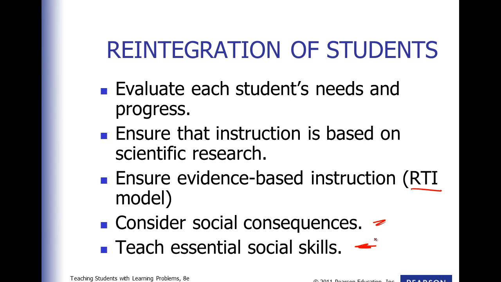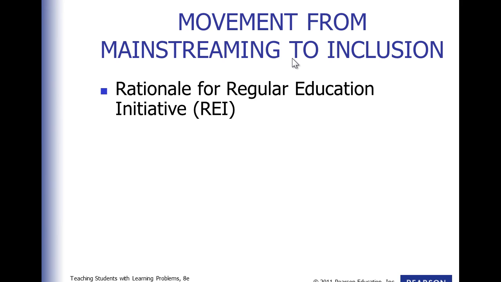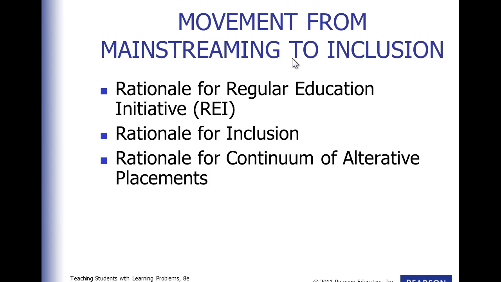So if you have to reintegrate them, and often this term, reintegration of students, means back into regular classes. Reintegration, and that's a process. So from mainstream to school, the rationale for this regular education initiative, and you have a rationale for inclusion and for the continuum of placements.